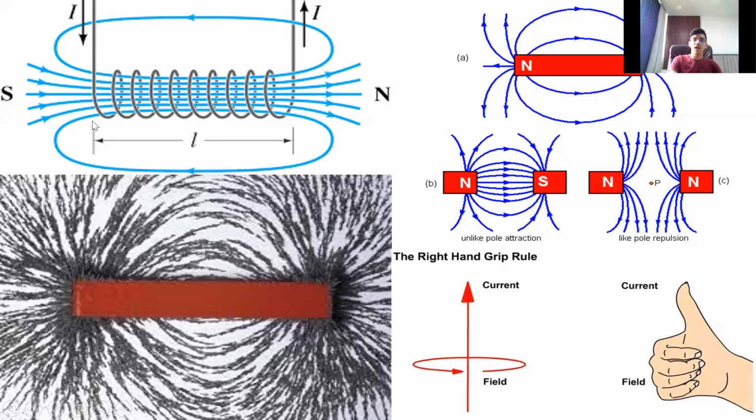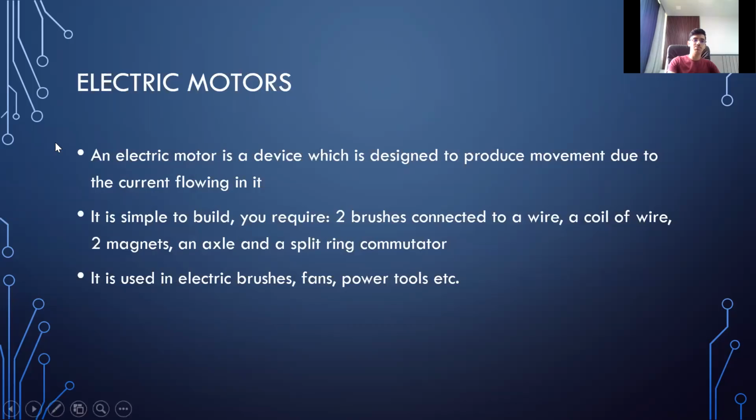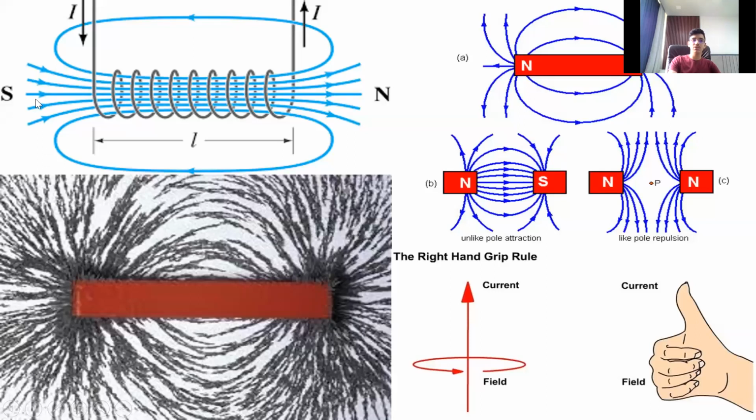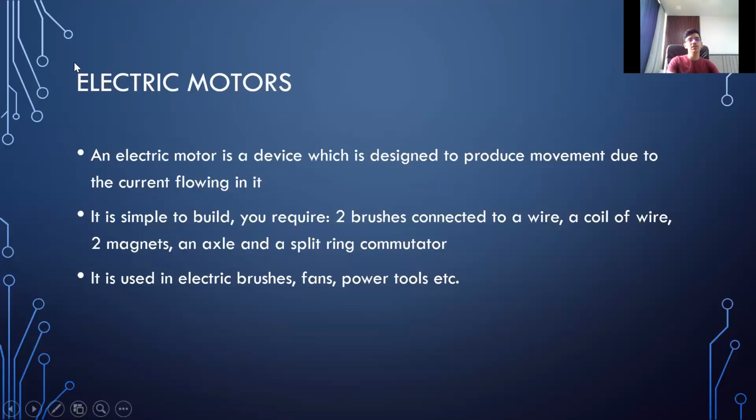Here is how the field lines work. They move from the north pole to the south pole, and then into the south pole from the north pole. Here you can see the strongest, most concentrated magnetic field is at the poles, at the ends of the magnet. That's where the magnetic field is much more concentrated.